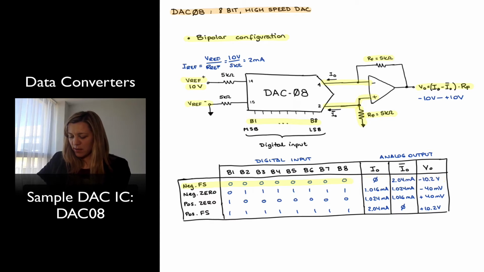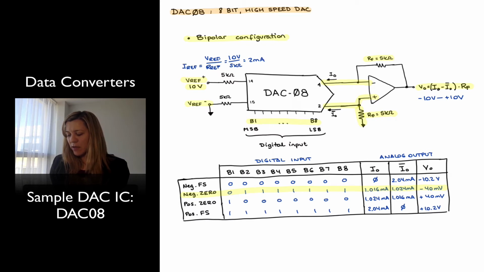For my negative 0, which corresponds to the point where my most significant bit is set to 0 and all the other bits are set to 1, I get my current roughly divided equally between I out and I out bar. I out is 1.016 milliamps, I out bar is 1.024 milliamps.